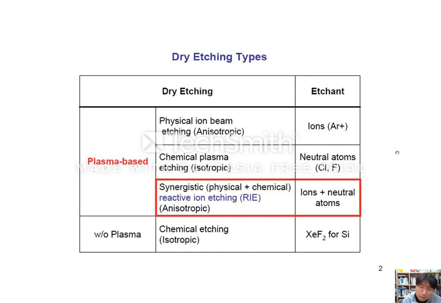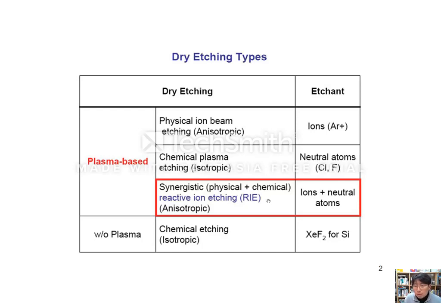For dry etching, we differentiate two methods: plasma-based dry etching or without plasma. Among plasma-based ones, we have physical ion beam etching, chemical plasma etching, and both physical and chemical involved at the same time. So we can differentiate three different types of plasma-based etching.